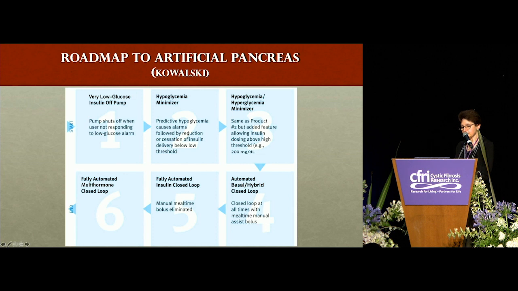So we're already past this point. The hypoglycemia minimizer is sort of similar, but it predicts the low blood sugar and stops insulin if it's only predicted to be low, not when it has already gotten low. So if it's predicted to be less than 70 or 80, depending on what we set it up for, within 30 minutes, the pump will shut off, and then it will restart when the blood sugar starts going up.